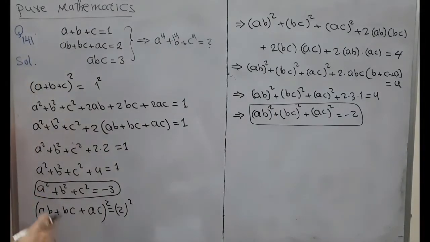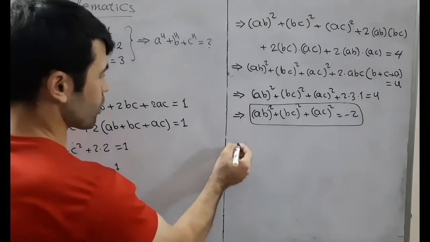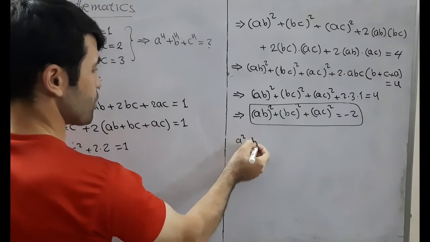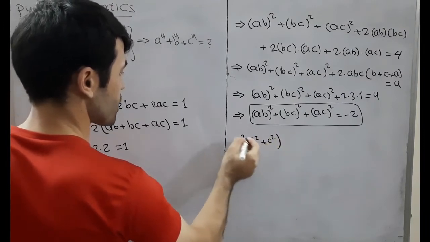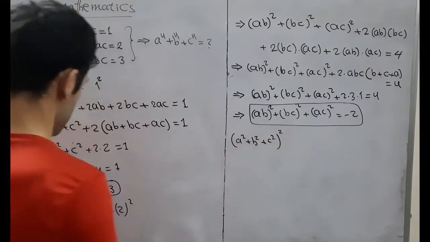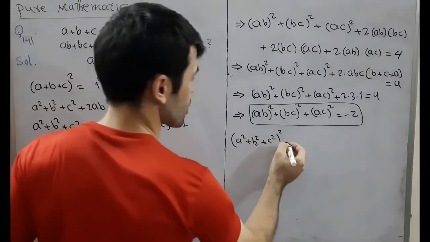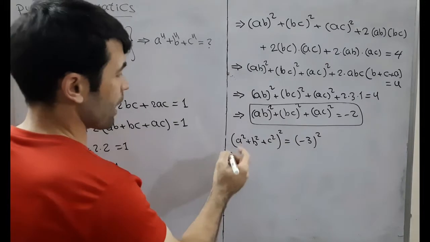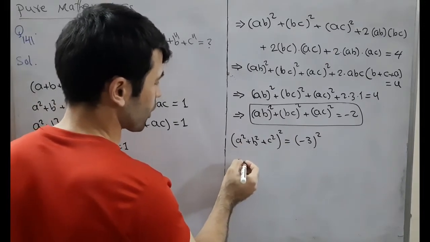Again, we square both sides of this equation, we get (a square plus b square plus c square) whole square is equal to minus 3 whole square.